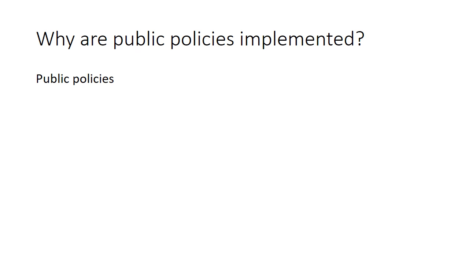So, agenda setting. When we talk about public policy, what is public policy? Public policy means basically government policy, the policy that is made by the government for the betterment of the country, for the betterment of the people of the respective country.